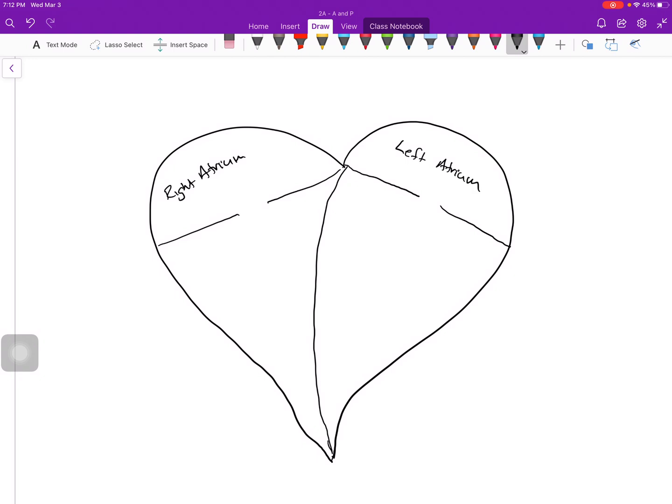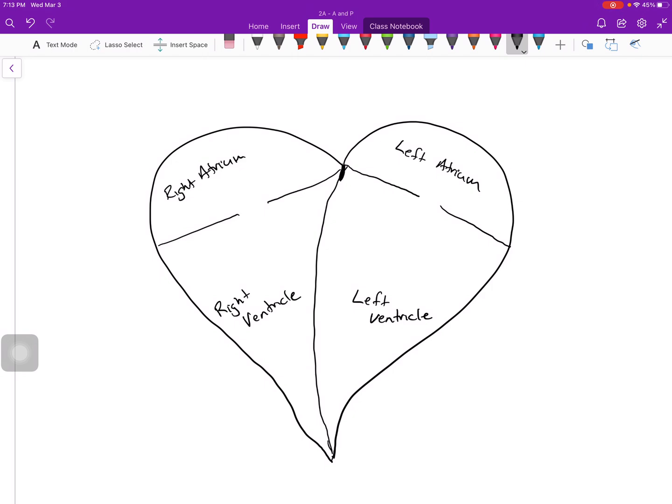And then I have the lower chambers, and those are the discharging chambers, or the pumping chambers. And so I have my right ventricle, and I have my left ventricle.